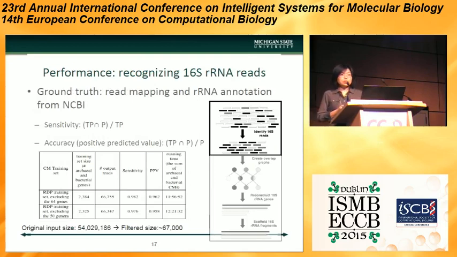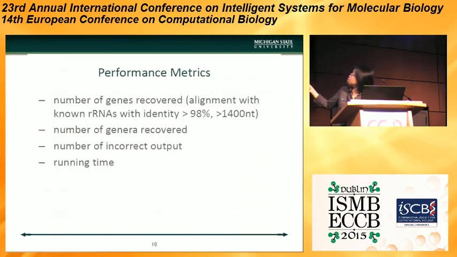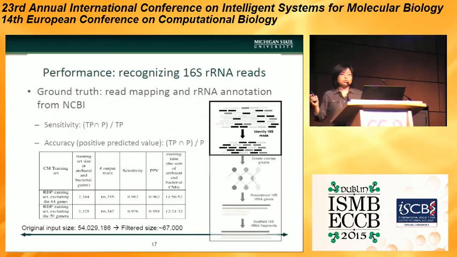First, let's look at the performance of the homology search, or the filtration step. Recall that in this pipeline, the first step is to classify all the reads that are sequenced for 16S. So we want to see how good we are. This table shows the sensitivity and specificity. We consider two models.